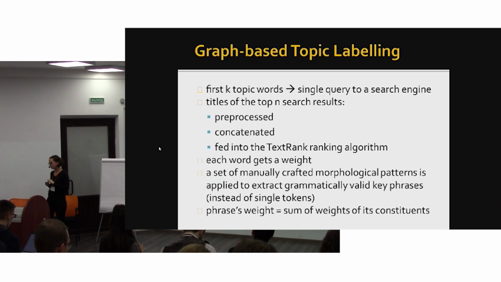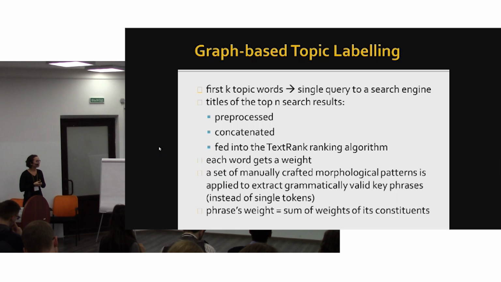But in order to use not only single tokens, but n-grams as well, we worked out a set of morphological patterns that extract grammatically valid key phrases. A phrase's weight is computed as a sum of the weights of its constituents. So as a result of this procedure, we get a set of candidate labels with their weights.